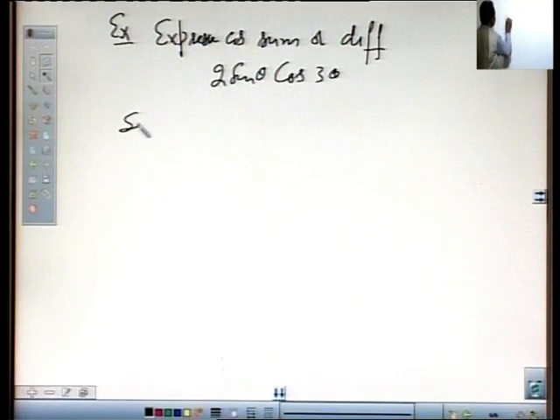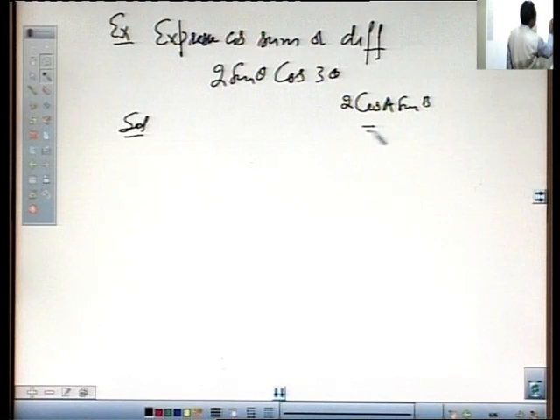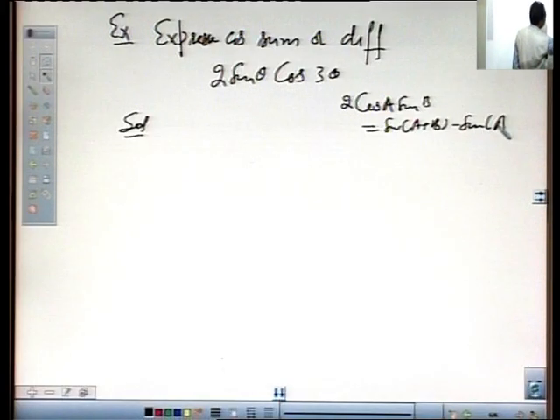The solution: the formula is 2 cos A sin B equals sin(A plus B) minus sin(A minus B).